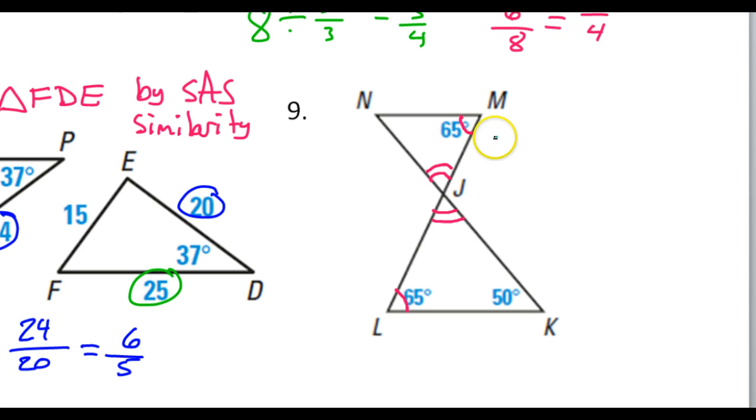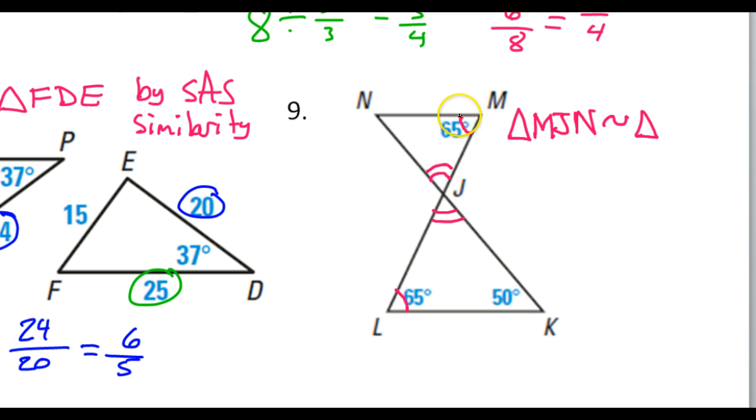So let's just be careful how we match it up. Alright, I'm going to purposefully letter it using the angles that I have marked first. So I'm going to say triangle M, J, N is similar to triangle.